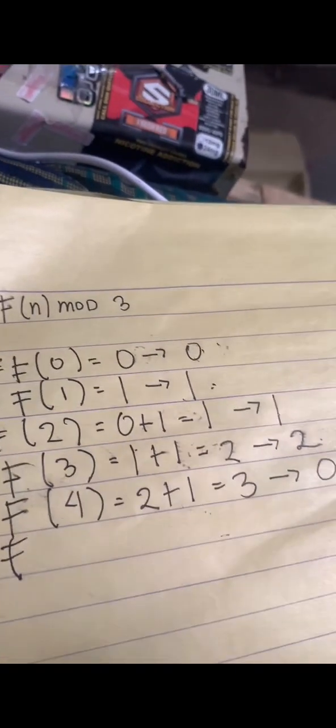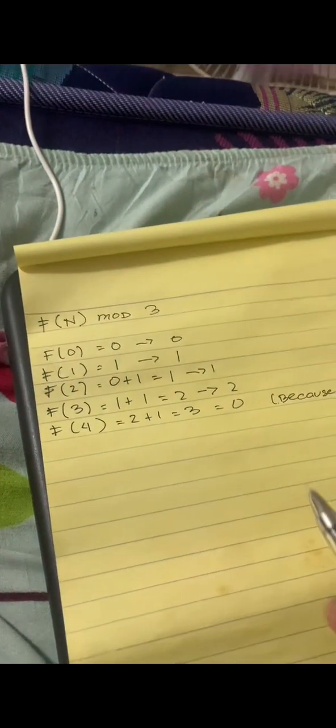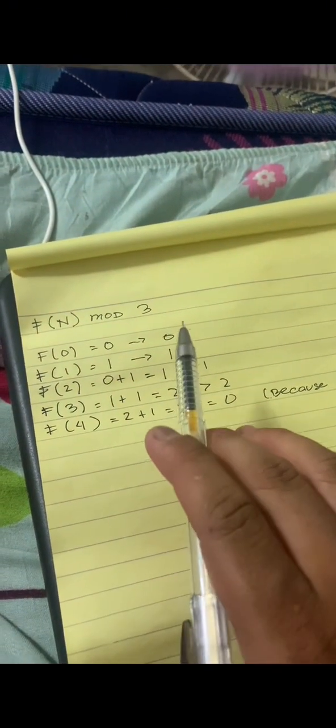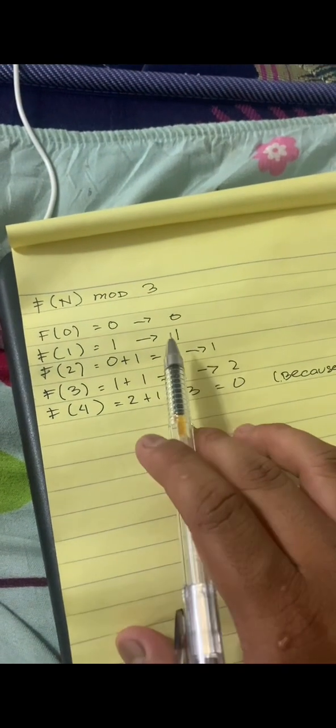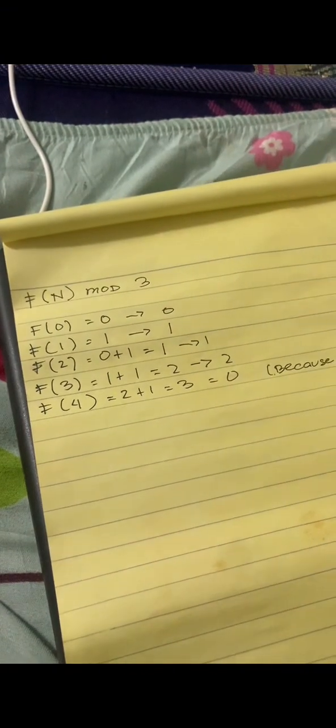F sub 4 is equal to 2 plus 1, which is 3, which is equal to 0 because 3 modulo 3 is 0, since 3 divided by 3 leaves no remainder. So we have a pattern like 0, 1, 1, 2, and then it gets back to 0.